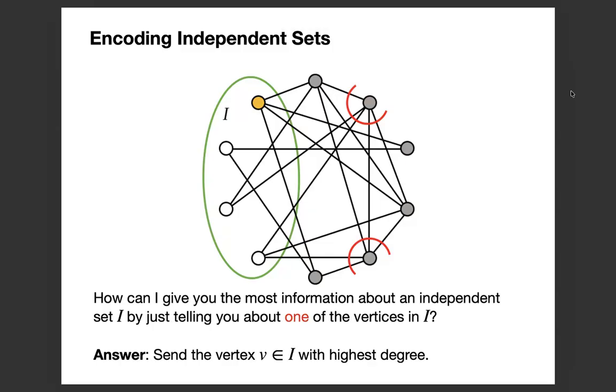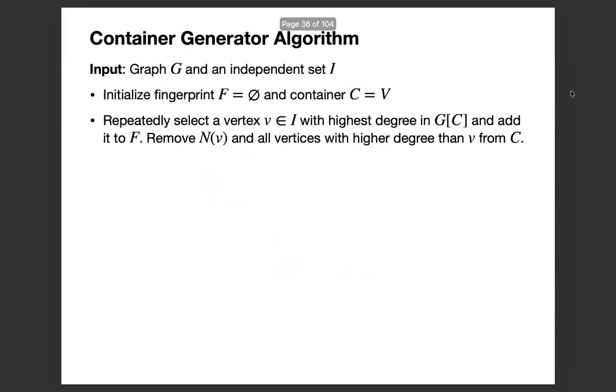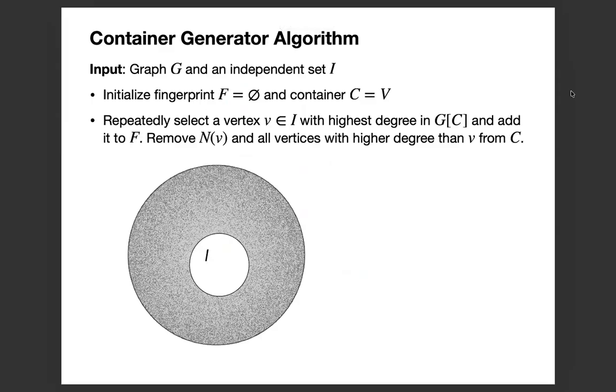Now, more generally, we can do this on much bigger graphs. This might not work in just one step, so we can repeat this many times. I've written the algorithm here, but you don't need to look at it. We can just look at the picture and talk about it. Imagine we have some large graph, and I'm thinking about some independent set and I want to tell you about it. I can tell you one vertex, which we're going to call the fingerprint.